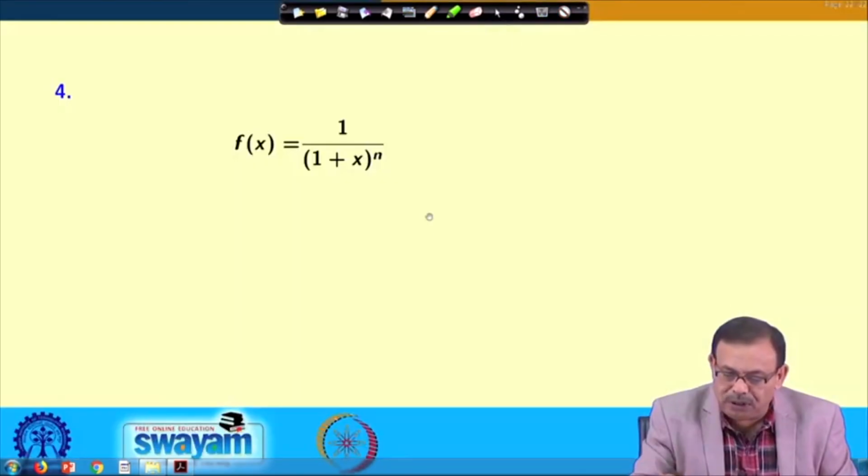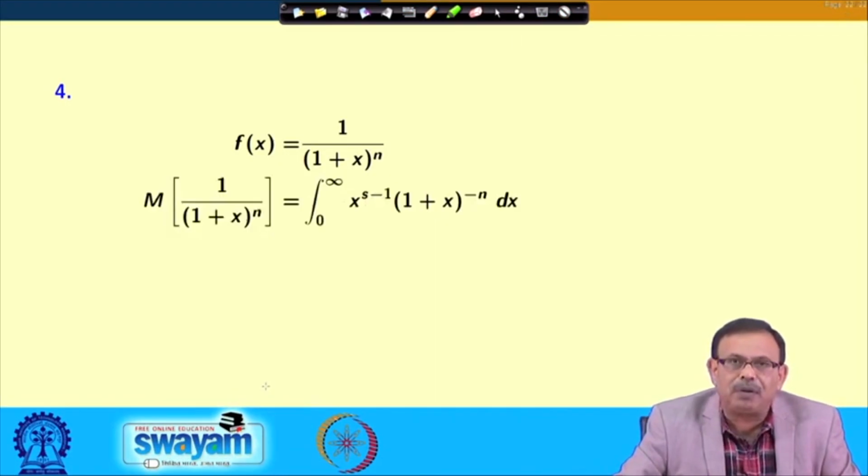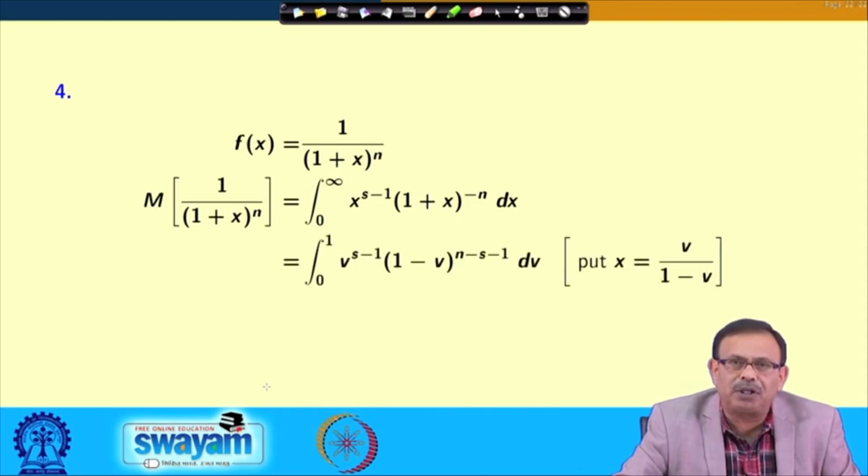So, if I see here, your f x is 1 by 1 plus x whole to the power n. So, that Mellin function of 1 by 1 plus x whole to the power n, you can write down the integral 0 to infinity x to the power s minus 1 into 1 plus x whole to the power minus n dx. Let us put x equals v by 1 minus v as I have shown in the working.